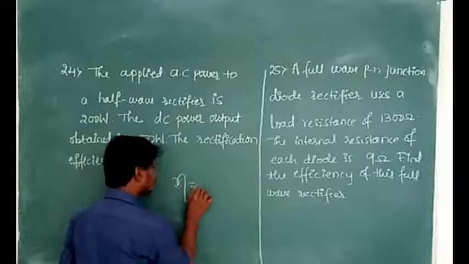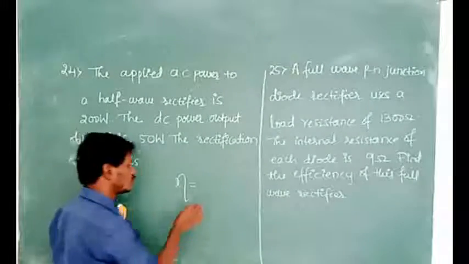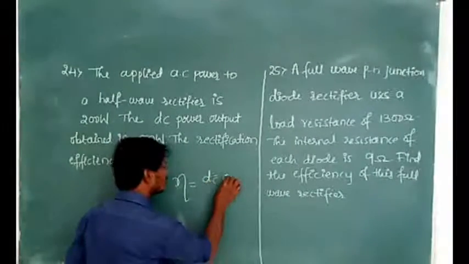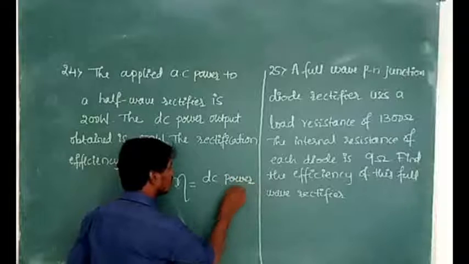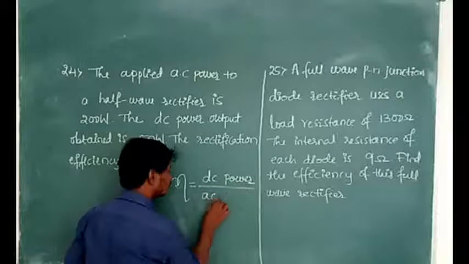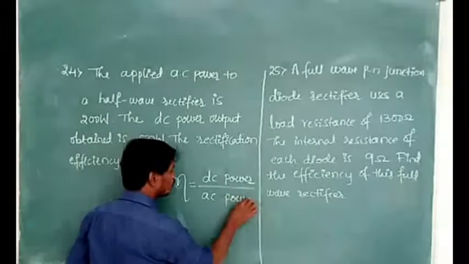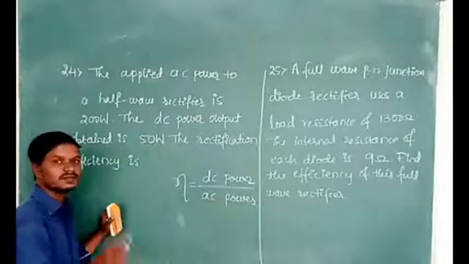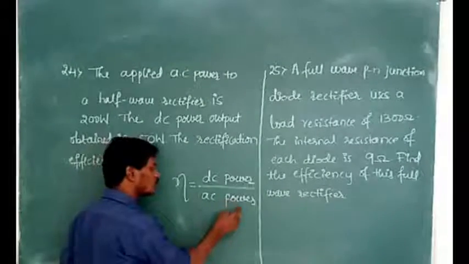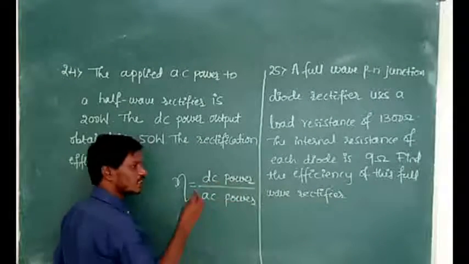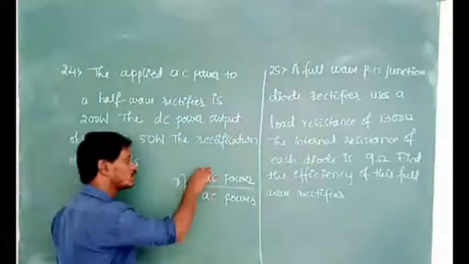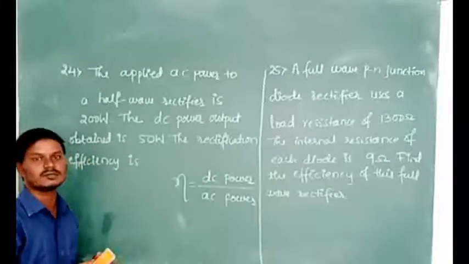Which is the output power? DC power. Which is the input power? AC power. Since AC is converted to DC, the output is DC.